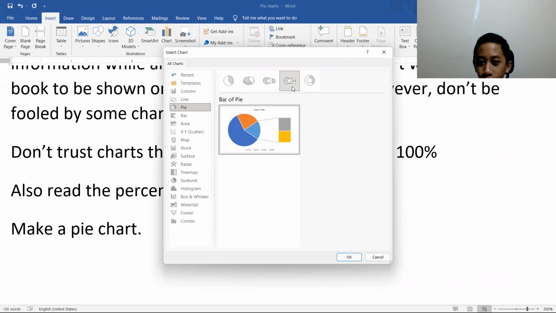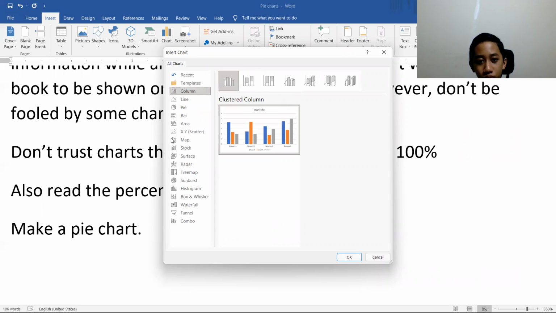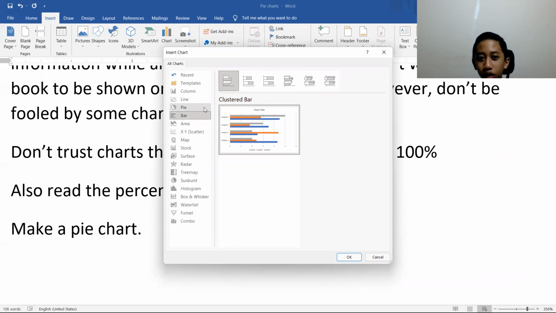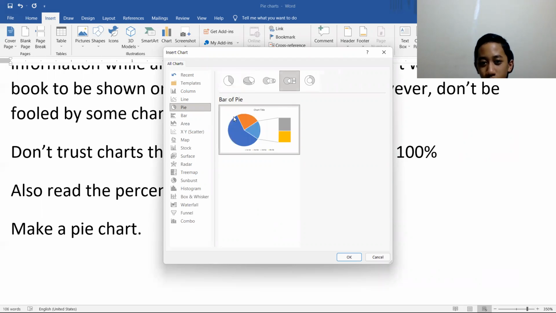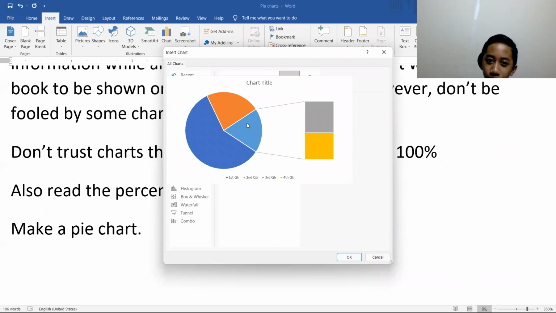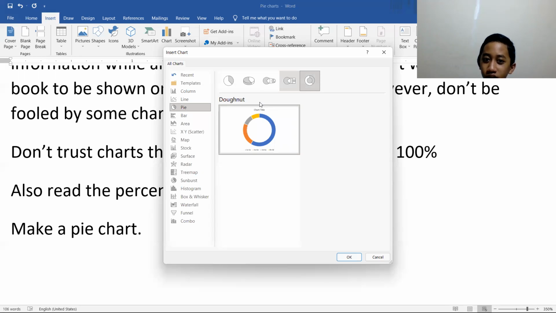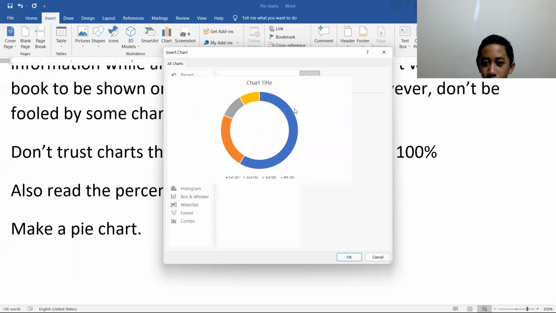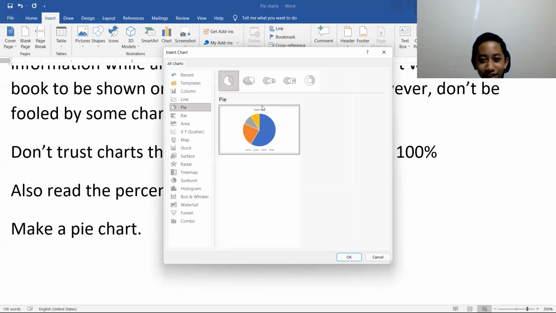And then there is the bar of pie, which is just a bar column of this one, whichever you like. And then there's the donut. Why donuts? I mean, yeah, sure, it looks like a donut. But why is the donut so thin? Okay, let's just go on with the regular pie.